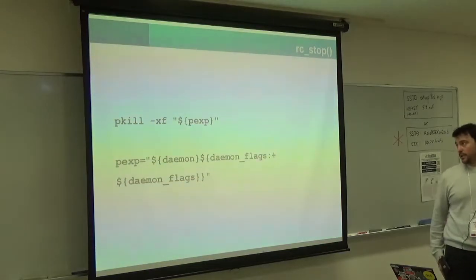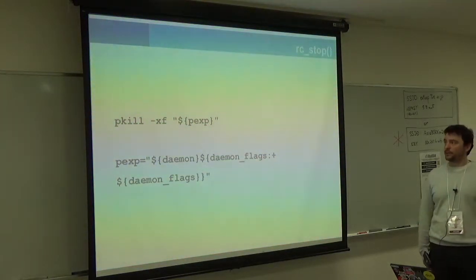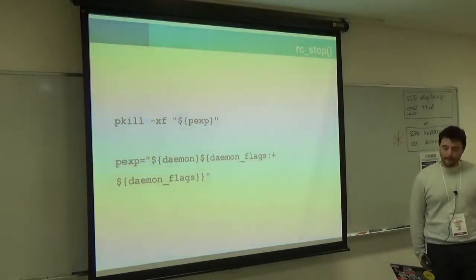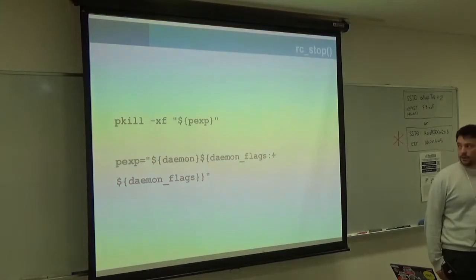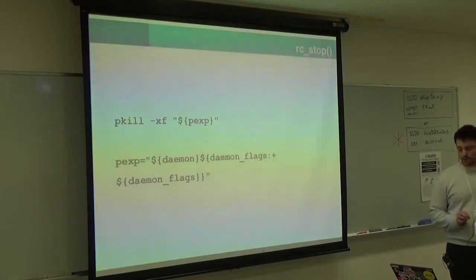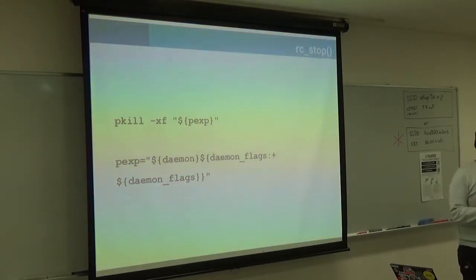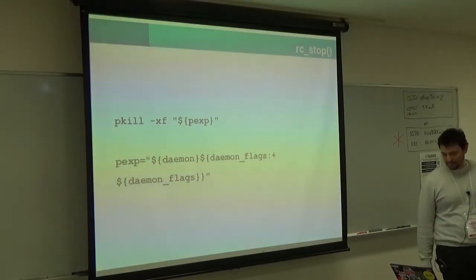Then we have rc_stop, which is basically a pkill -xf on the pexp. What is the pexp? The pexp represents the process line in the process list. That's basically the daemon you want to match. So it's constructed from the path to the daemon, the daemon variable, and the daemon flags if you have any daemon flags.